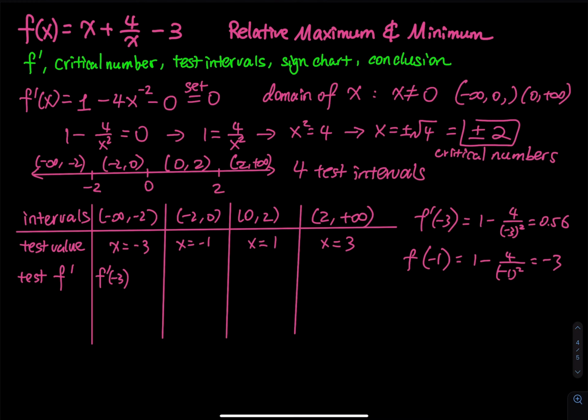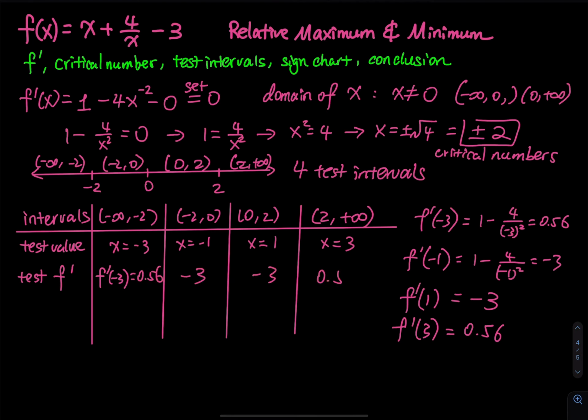Then f prime of 1, and then f prime of 3, and the rest. This one I have -3, and then this one 0.55, probably 56 or 55. Anyway, I don't really care. So this one is 0.56, -3, -3, 0.56 or 55.